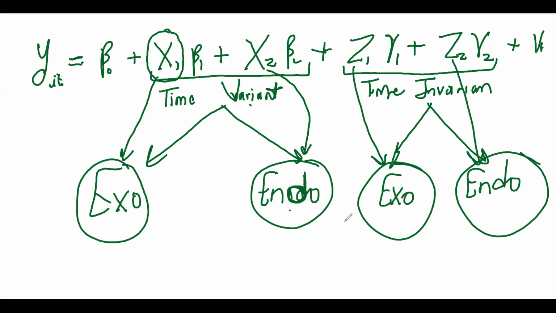So this is X2, and Z1 is time invariant but exogenous variable, and Z2 is time invariant but endogenous variable. So you have to put both the endogenous variables, like X2 you decided to be endogenous, Z2 you decided to be endogenous. So both the endogenous variables you have to define like this. So you are saying that in this model, the endogenous variables are Z2 and X2, and the software accordingly makes this category and will give you the answer. So this is simply known as Hausman Tailor effect.